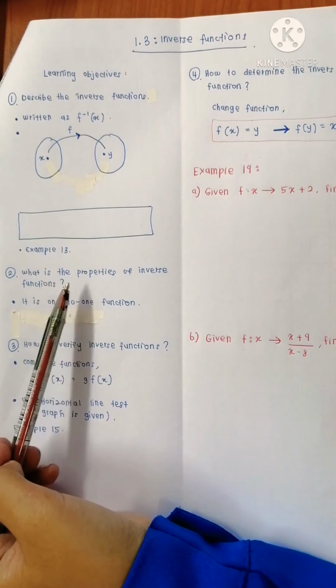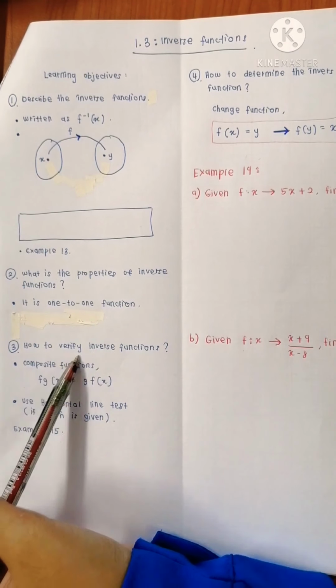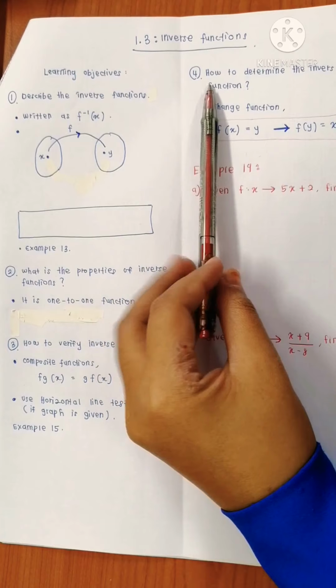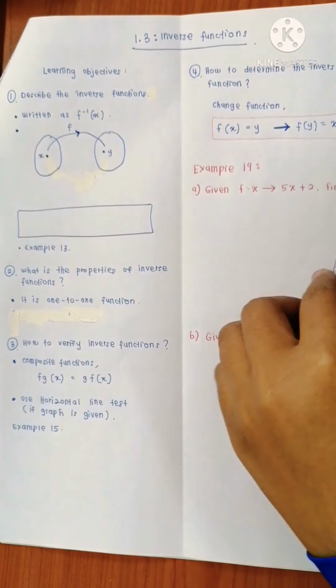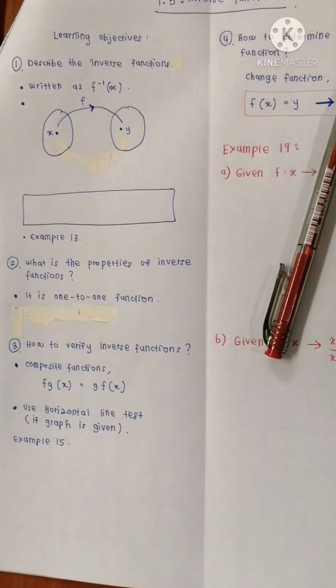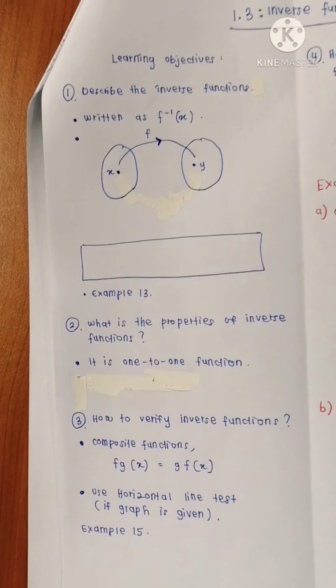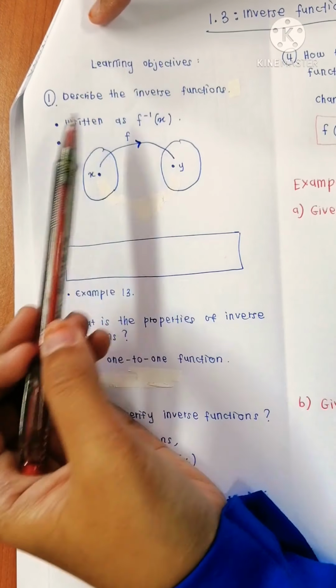The second one, what are the properties of the inverse function? The third one, how to verify the inverse function. And the last one, how to determine the inverse function. Now we go through lesson number 1, the first learning objective: describe the inverse function.